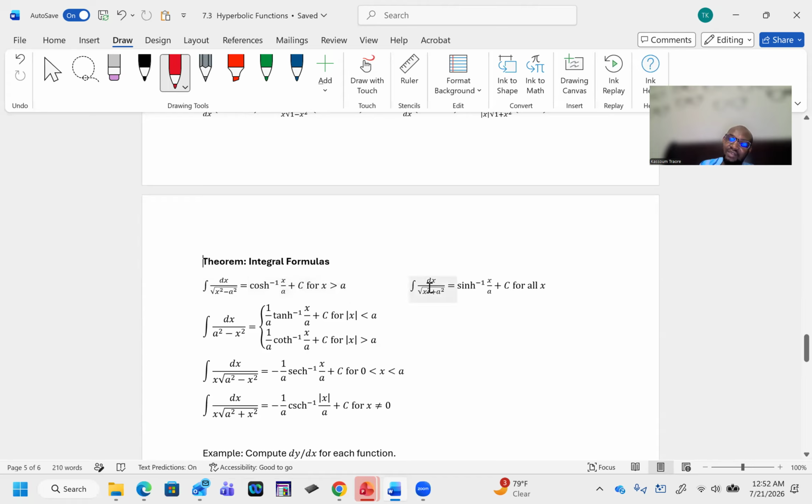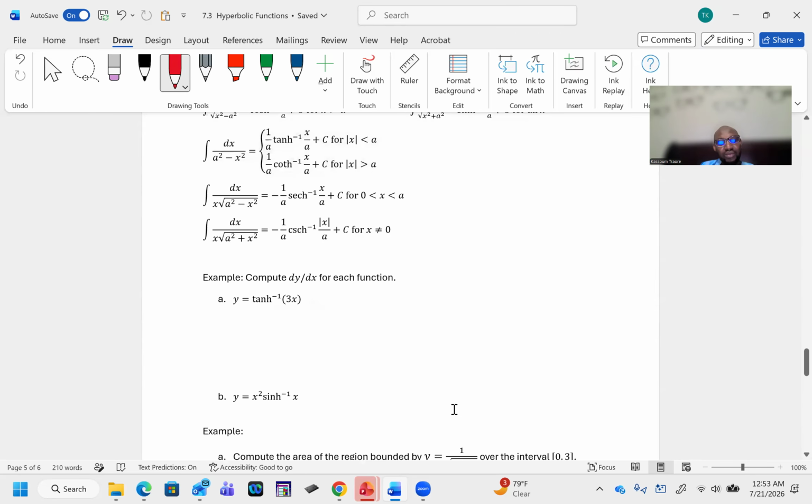And the integral of dx over square root of x squared plus a squared is the inverse hyperbolic sine of x divided by a, plus c, for all x. For tangent, you need to make sure the absolute value of x is less than a; when the absolute value of x is greater than a, it becomes the inverse hyperbolic cotangent, and so on.